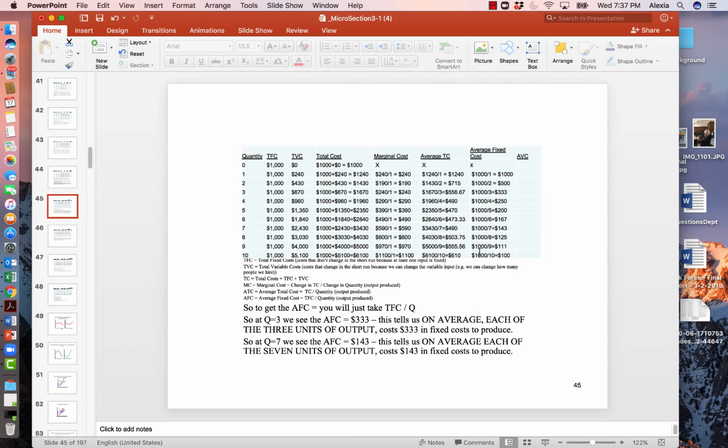Notice what happens interestingly with the average fixed cost. The total is, in this case, $1,000 no matter how many units you produce, whether 1, 2, or 3. If you take the same number on top, 1,000, and divide it by bigger and bigger quantities, the average fixed cost will always drop.